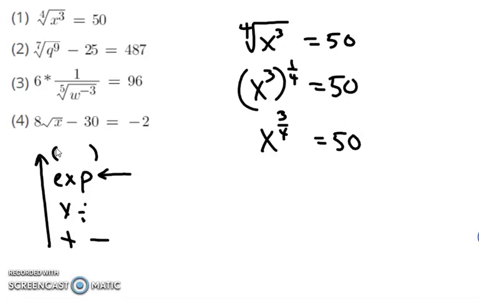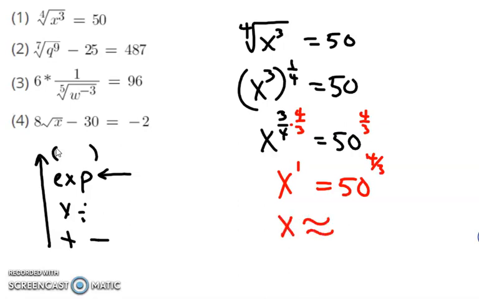We want an exponent of 1, so that means we're going to multiply the 3/4 by an exponent of 4/3, or its reciprocal. And we're going to do the 4/3 exponent to both sides, and that will give me x to the 12/12 on the left side, which is x to the first. And then we're going to turn the 50 to the exponent of 4/3 into an approximation.